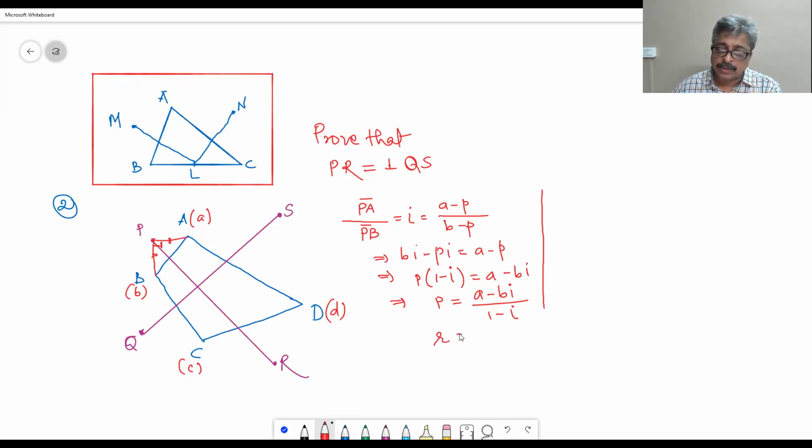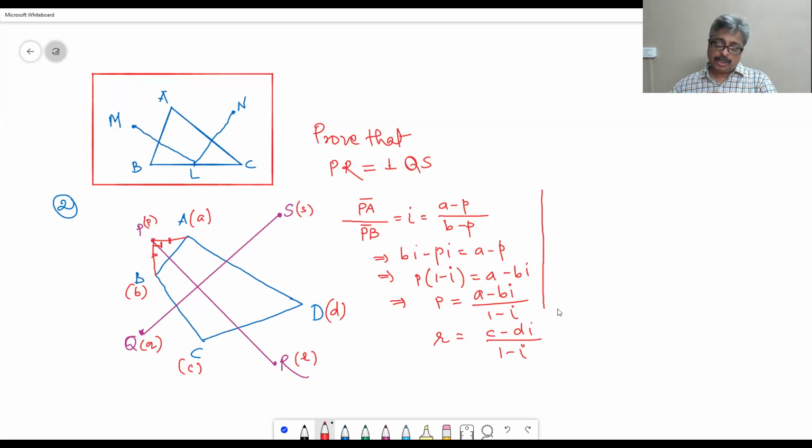Complex number of P is small p. Complex number of capital R is small r. Complex number of capital S is small s. Complex number of capital Q is small q. When you look at p, a is the left foot minus bi the right foot. So for r, the left foot is c: (c minus di) upon (1 minus i). This is PR. We got p and r.